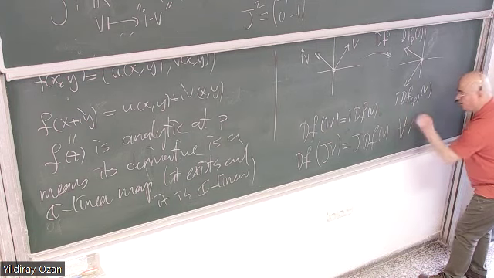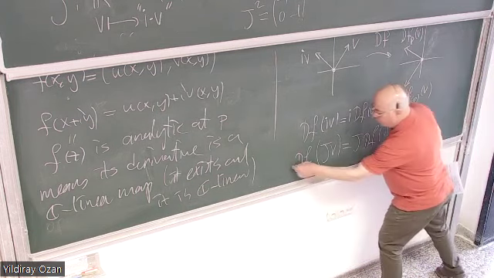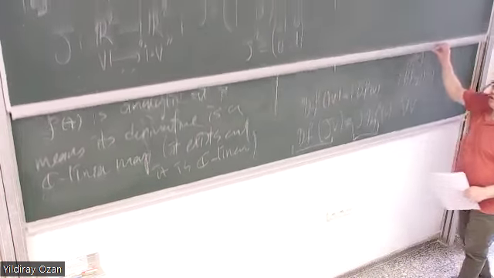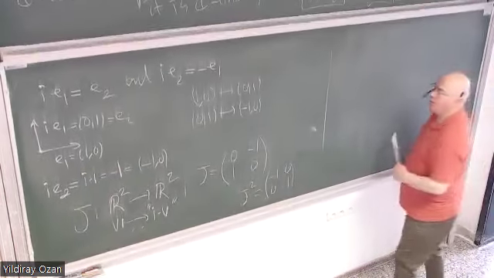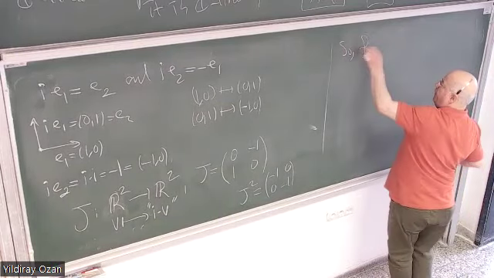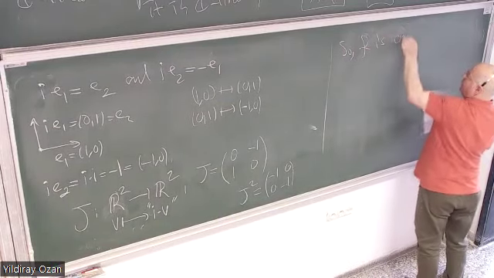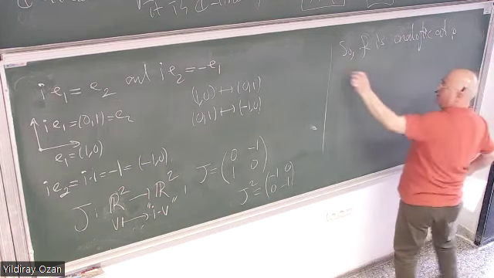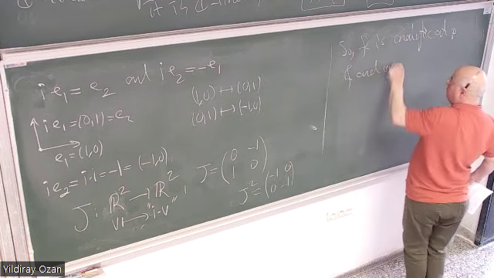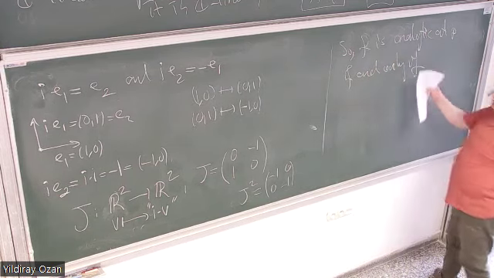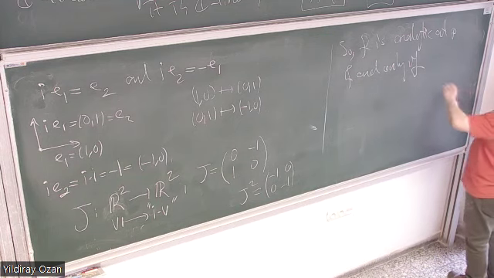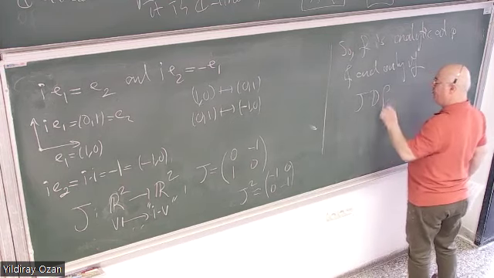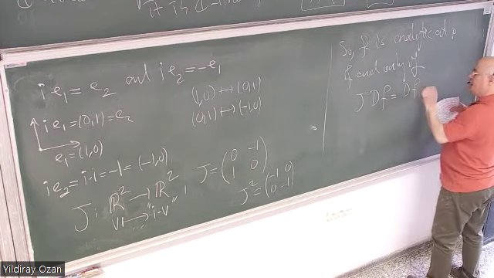And this is true for all v. Therefore, df J should be J times df. So f is analytic at p if and only if its derivative is complex linear at the point p, and that is the same thing as J times df equals df times J.